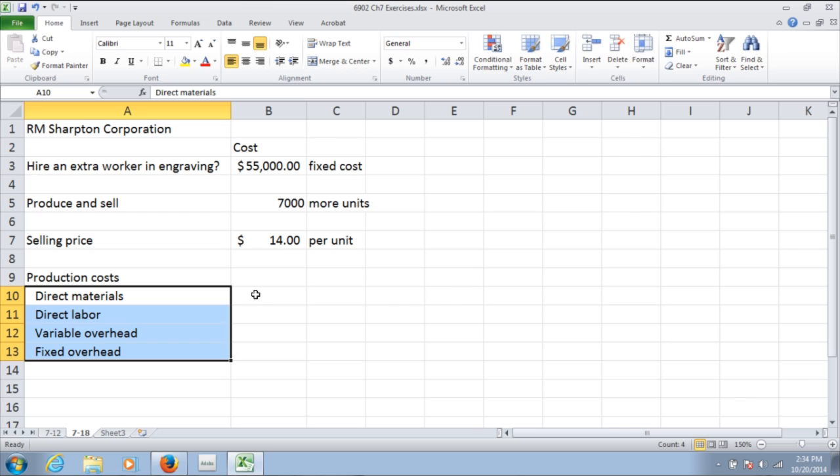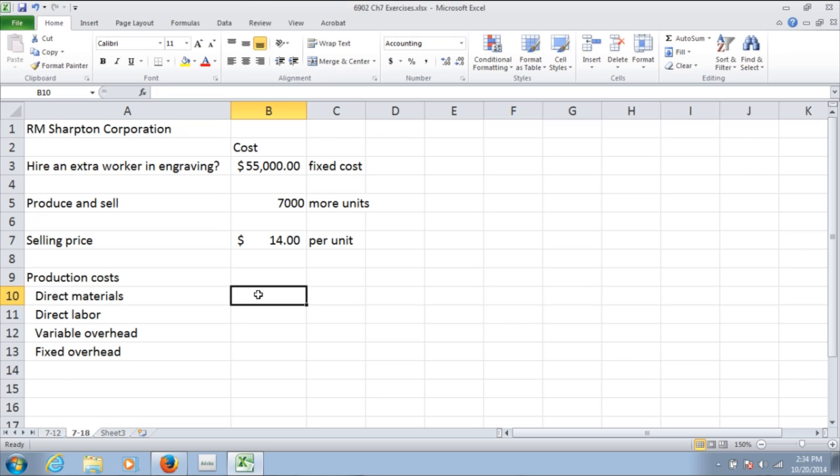I was happy a student showed me that so that I didn't have to spend time trying to remember if I type 2 spaces or 3. In terms of the amount per unit, we have $2.75 for direct materials, $1 for direct labor, 25 cents for variable overhead, and $4 for fixed overhead.